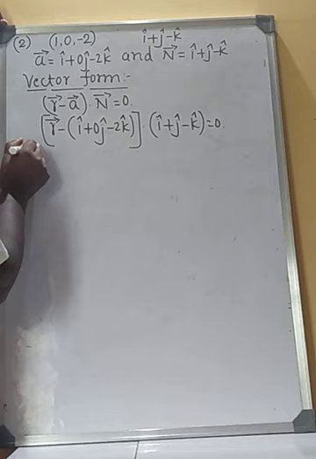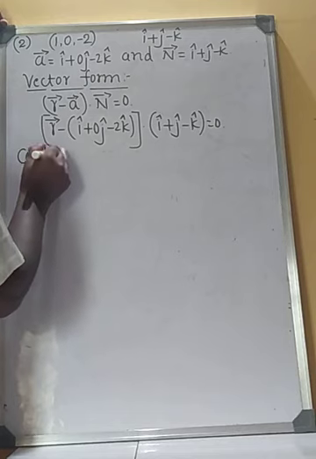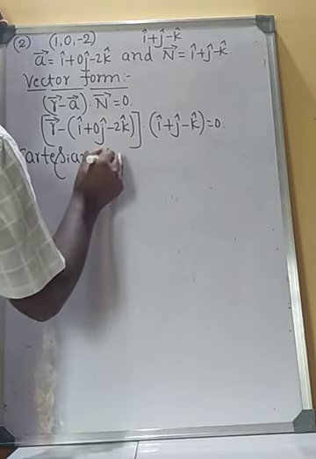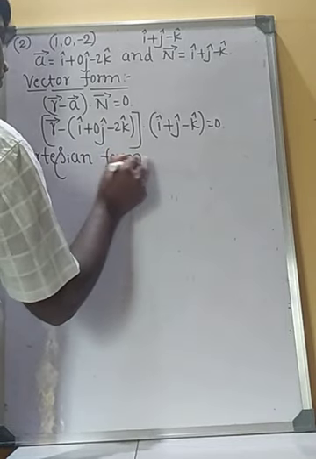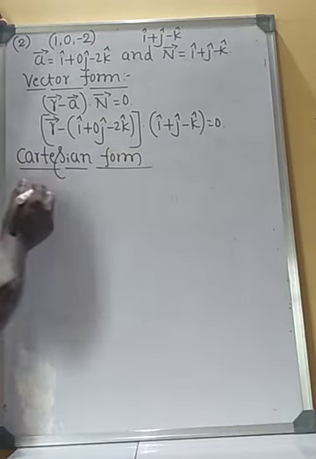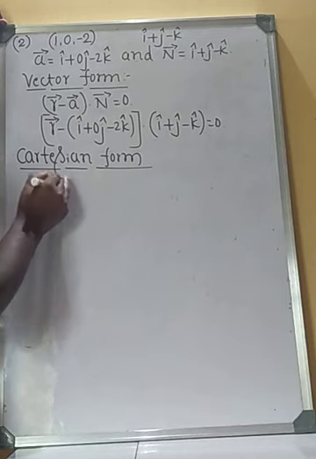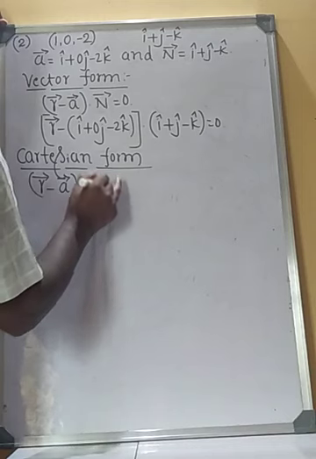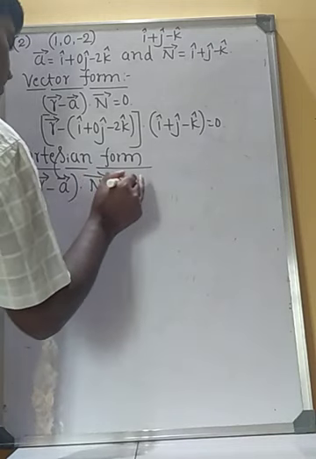The next, Cartesian form of equation of plane, that is (vector r minus vector a) dot n vector equal to 0.